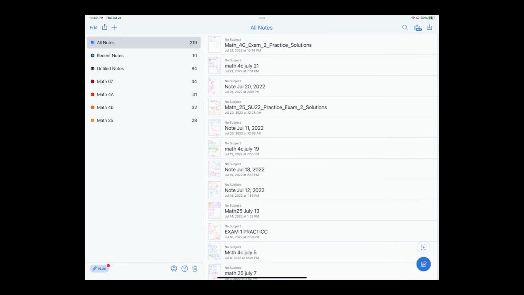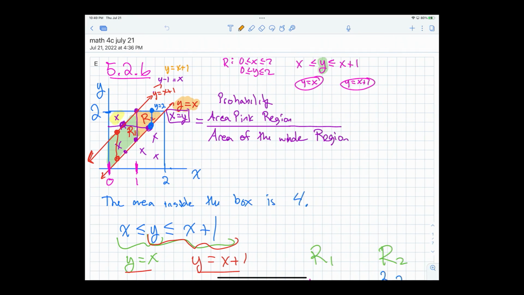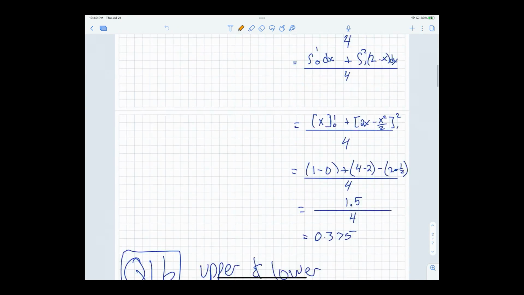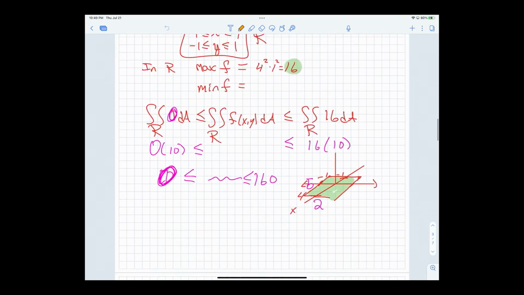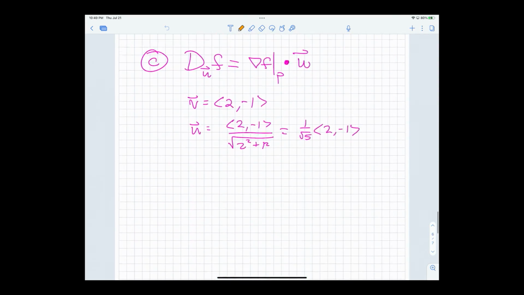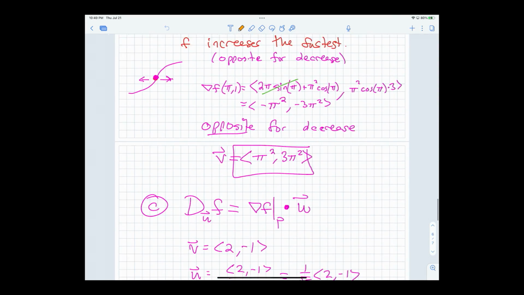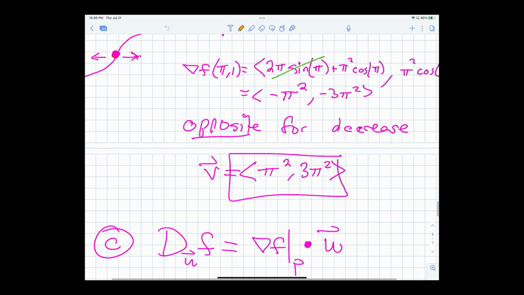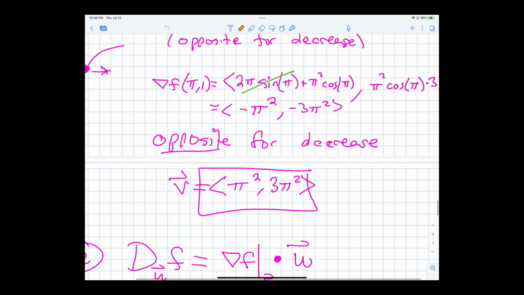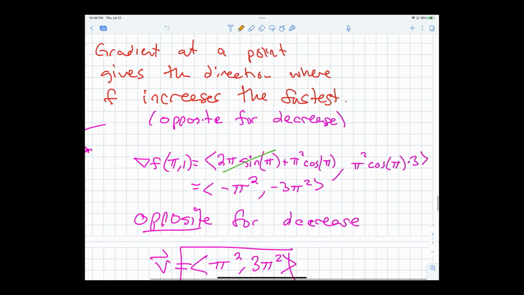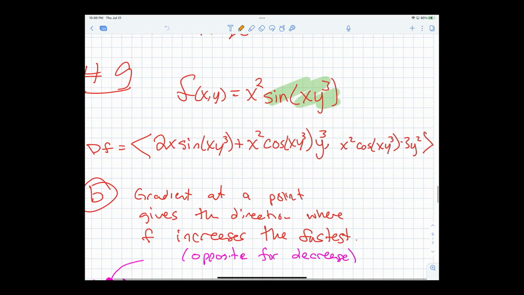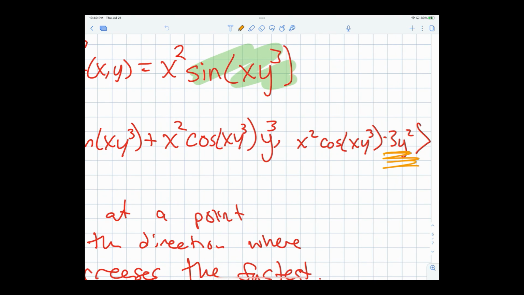I'm going to check on something real quick. These are my notes from earlier doing office hours. See, I wrote this, pi squared, 3 pi squared, and that's because when I did the derivative, I wrote right here, when I took the derivative of this, dy of xy cubed, it's 3y squared, but it's x times 3y squared.